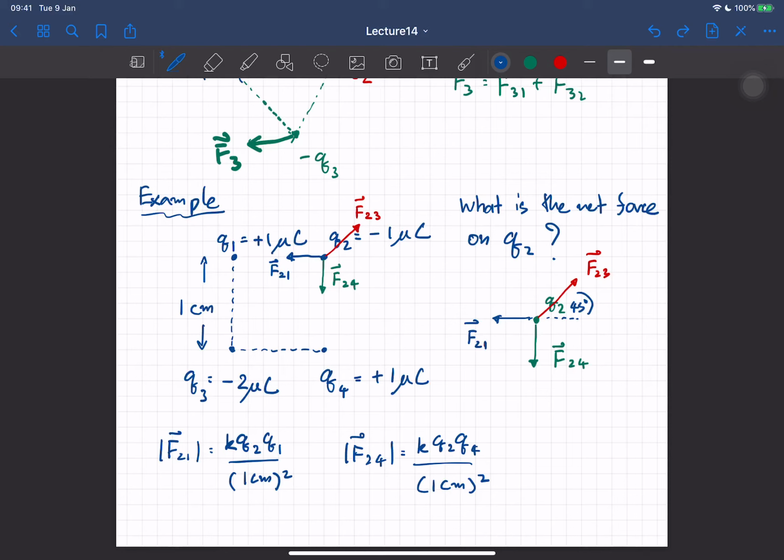So I can add F21 and F24 together first to get what we call F prime here. And because they are the same magnitude, the direction is also 45 degrees for F prime. And you can see that I chose to do it this way because F prime and F23 now point along the same line here. So the last step will be a lot easier than it should be.